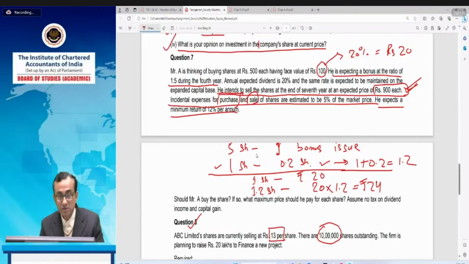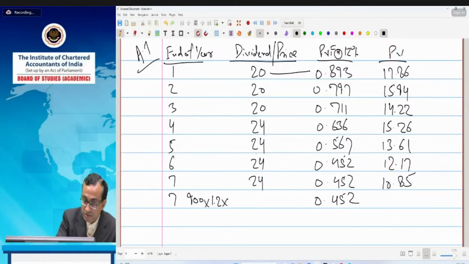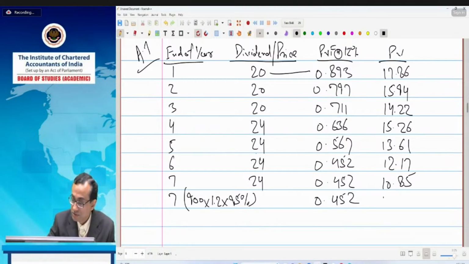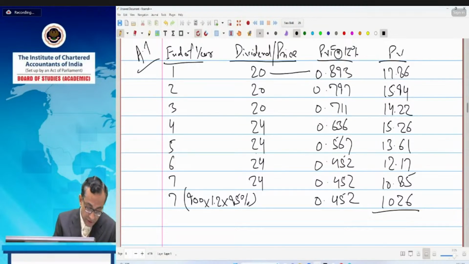So for sale of shares also 5% is required to be paid. So it will be 900 into 1.2 into 95%. So it will be 1026. Now let us calculate all this. 1026 plus 10.85. Add all these figures.